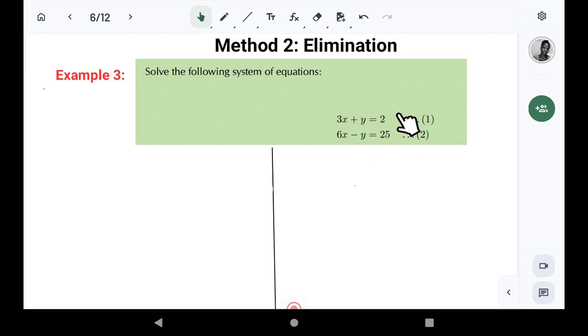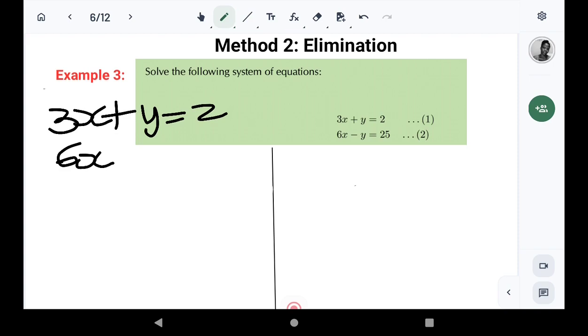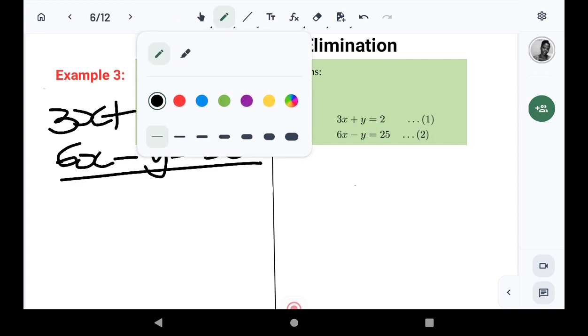So what you do is you take these equations and you simply add them. So you go 3x plus y equals 2, and then you add that to 6x minus y equals 25. Let me show you.